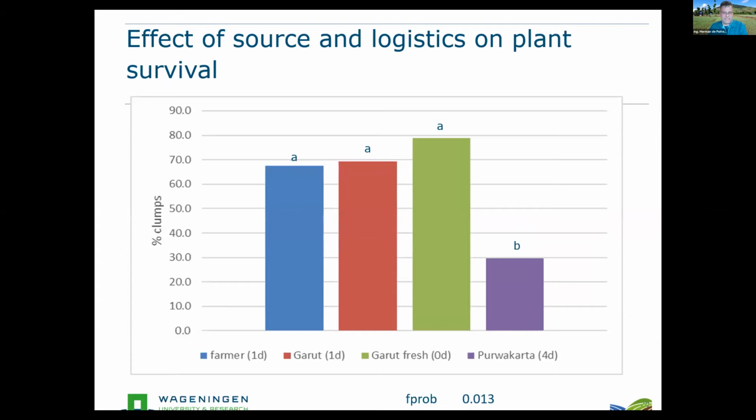Also, the main effect was caused by the survival rate. So when we looked at Purwakarta, the logistics were such that it took 4 days between uprooting the seedlings from the nursery and planting. And there you can really see that the survival rate was much lower than for the others.